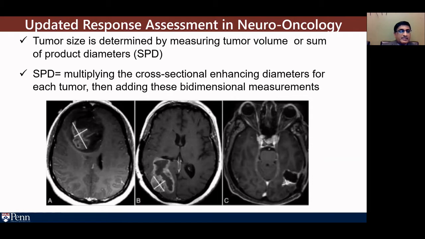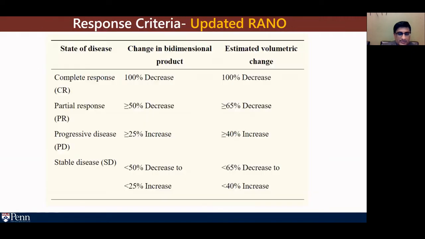We multiply them, and then we take the sum of these bidimensional measurements at two imaging time points, at an interval of approximately 4 to 6 weeks, to determine the outcome.